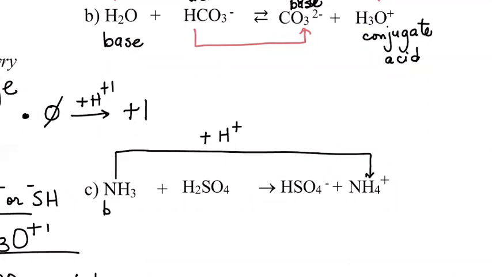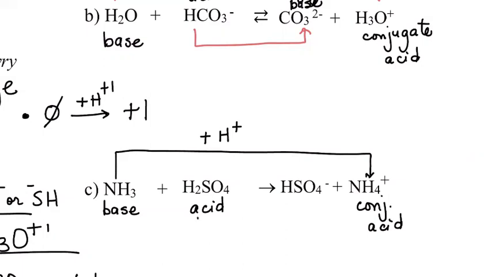Excellent work. This is a base, because remember that that base trapped an acid from somewhere. And who is the acid? Well, sulfuric acid. Now, because ammonium came from our base, is ammonium the conjugate acid or the conjugate base in this acid-base reaction? Excellent job. This is the conjugate acid.